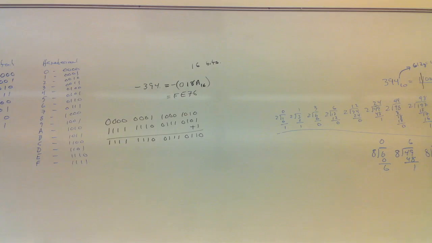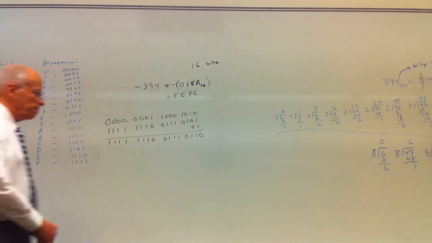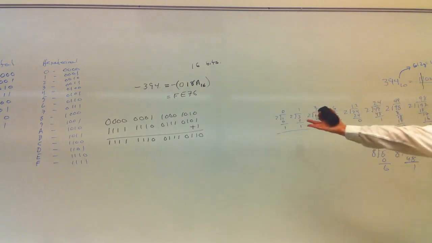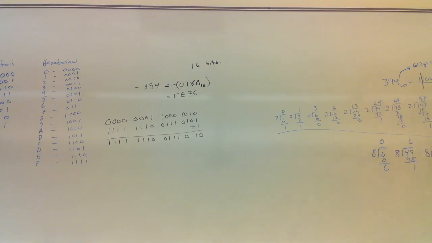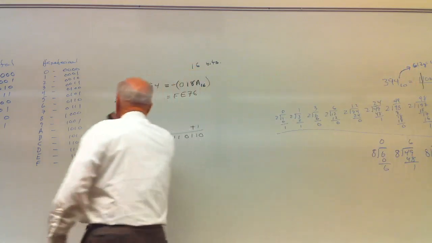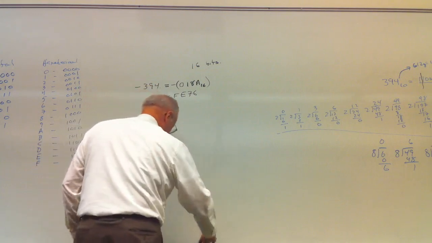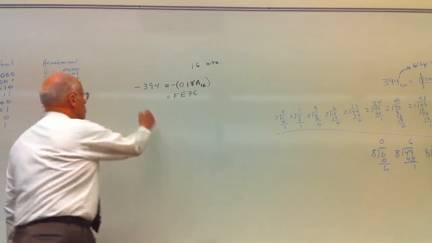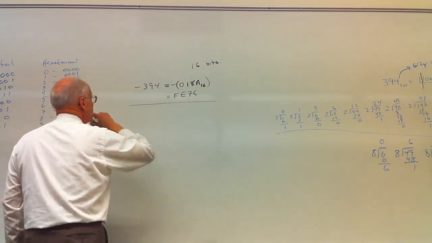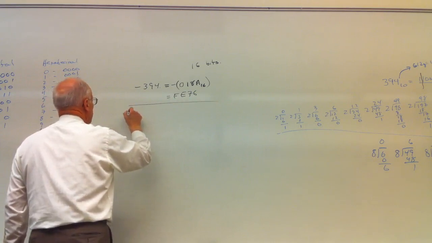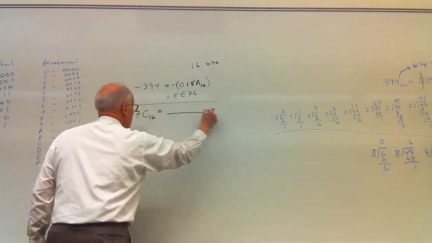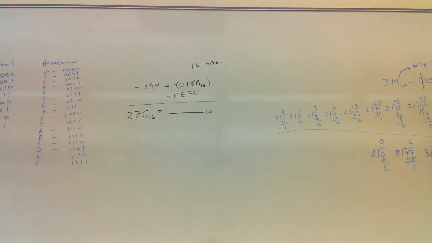Now, if you have any questions about this at this point? Okay, I'm going to show you now another algorithm that you probably have not seen. Well, let's shift to a different number. We have 27C, and we want to convert that into base 10.